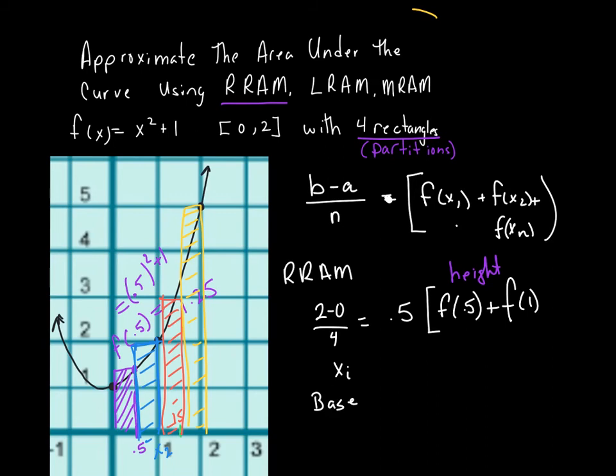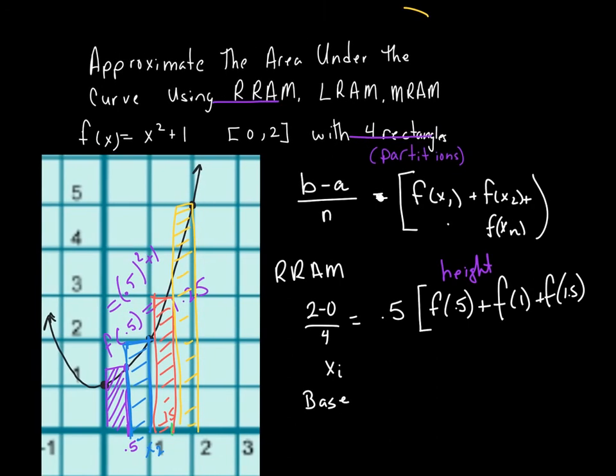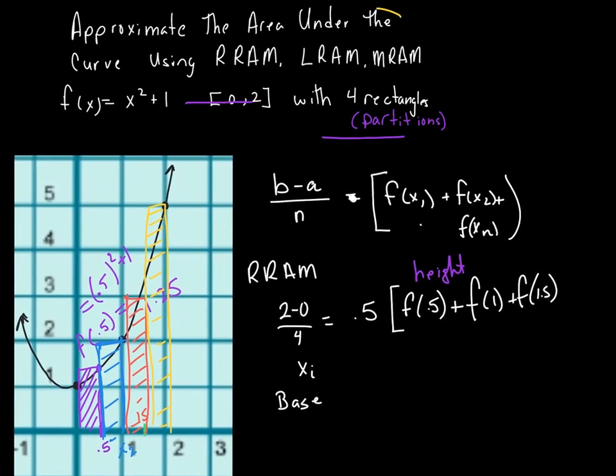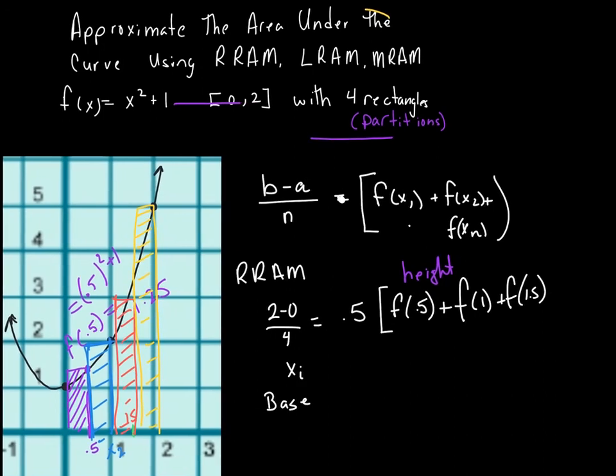So how does all of this work? That's going to be f of 1.5, and I ran out of room a little bit. I'm just going to scooch this over. And the last one would be plus f of 2.